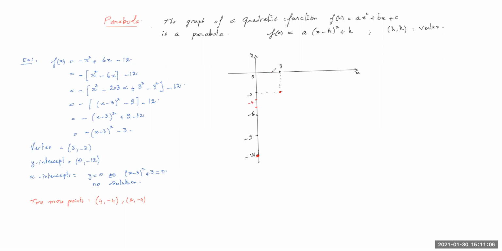So here are the points at 2 and at 4. Now we know the global shape, so we can join these points like that. That's not very good, so let's try again.